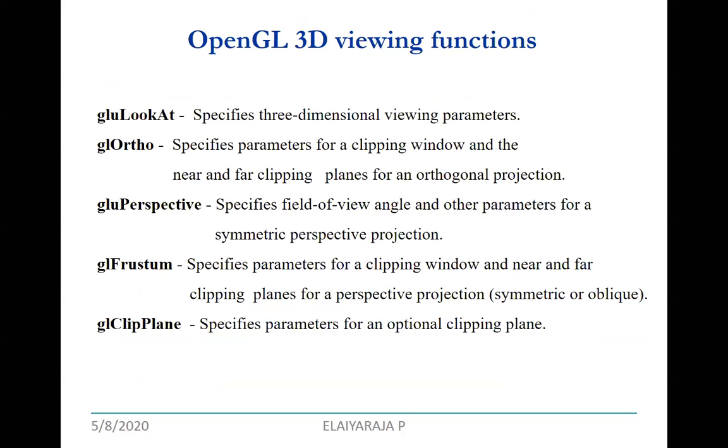And there are a few 3D viewing functions. How will you write them through your OpenGL code? gluLookAt is one of the 3D viewing functions, and it specifies three-dimensional viewing parameters. How many values do you consider for the gluLookAt function? You open the bracket and write, with respect to the 3D view, the camera, the up vector and the reference point.